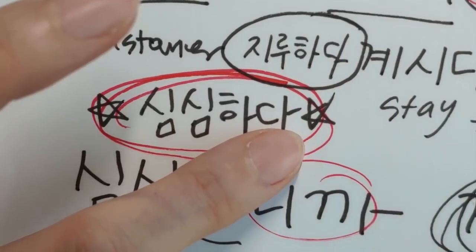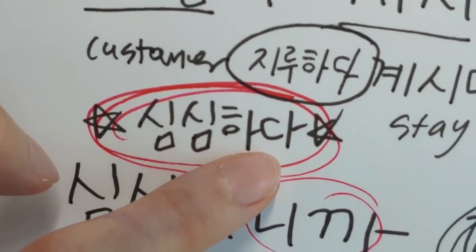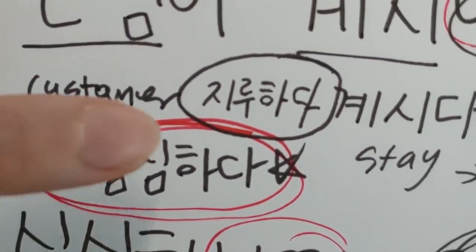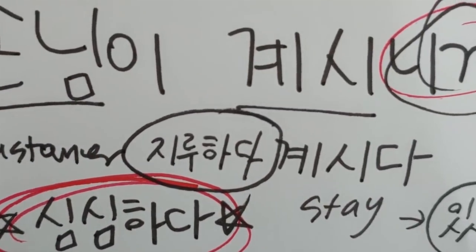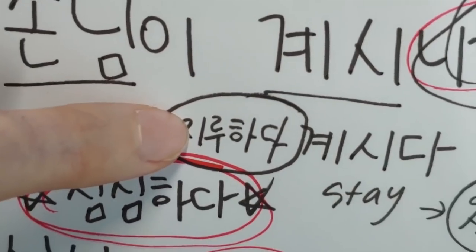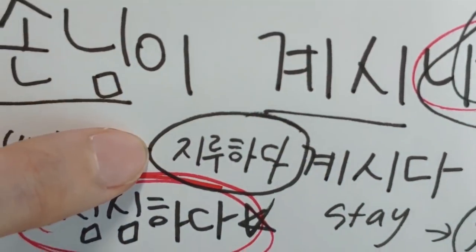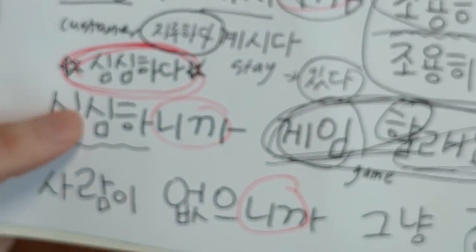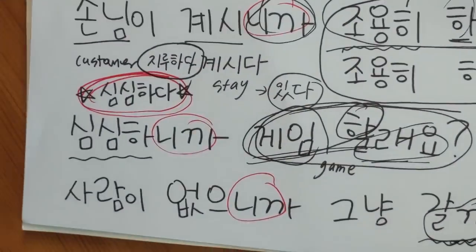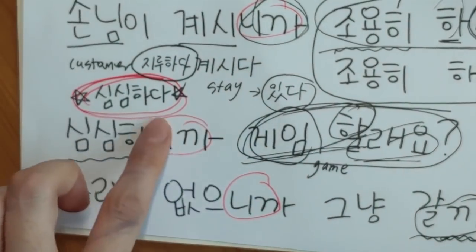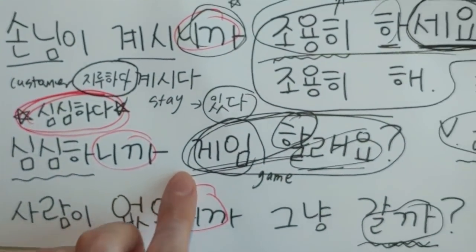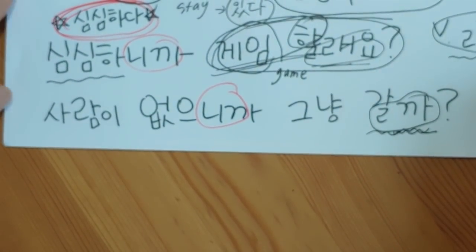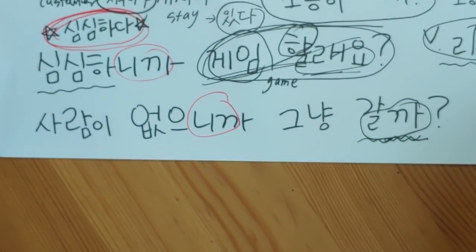But a thing cannot be 심심해. A thing cannot be bored, right? Only a person can feel bored. But 지루하다 means something is boring. So 지루하다 means boring and 심심하다 means to feel bored. So 심심하니까 게임할래요 means I am bored, so do you want to play a game? 게임할래요? The next one. 사람이 없으니까 그냥 갈까?